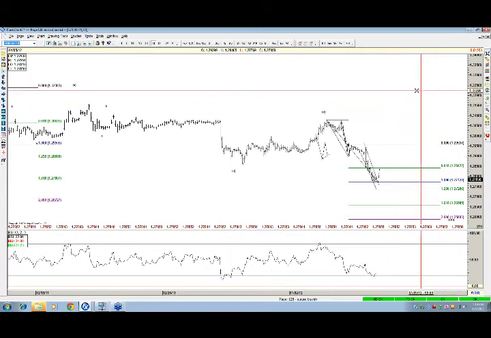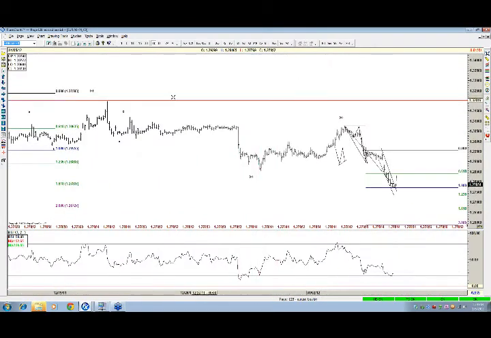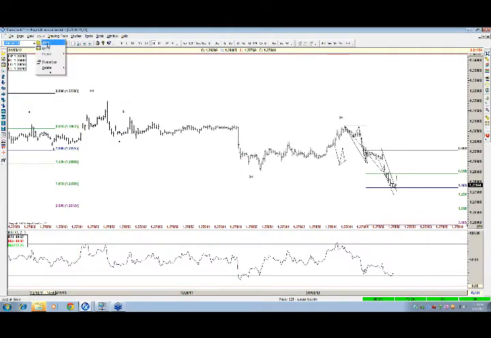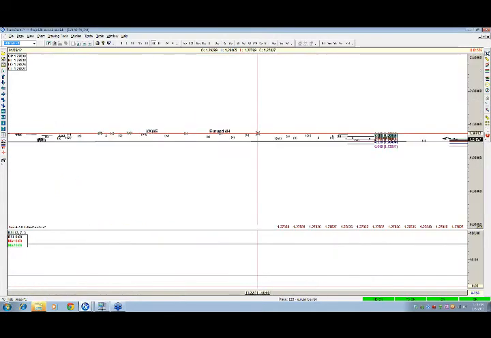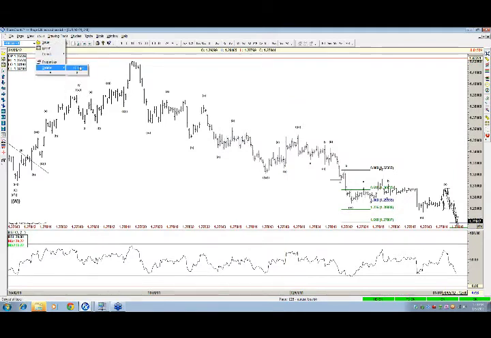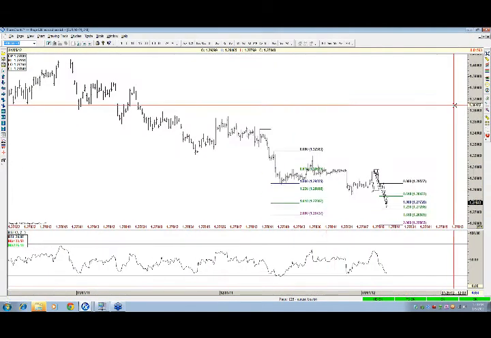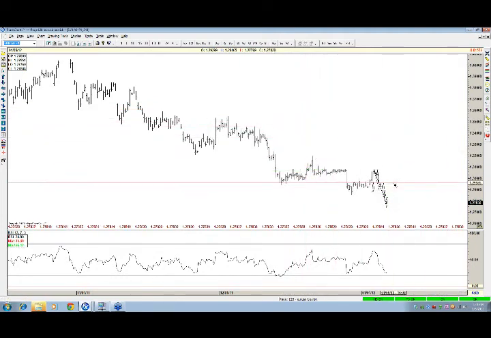Now, another scenario is a leading diagonal C-wave. My partner James, he liked that scenario. Let me take the labels out a little bit. It's like this, as follows.